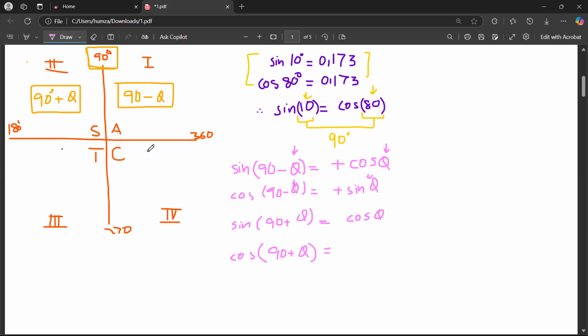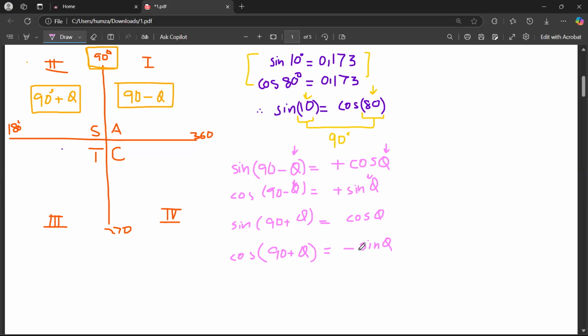Why? Because 90 plus theta is in the sin quadrant. That's why we write positive here. And we say that in the 90 plus theta quadrant, cosine is negative.